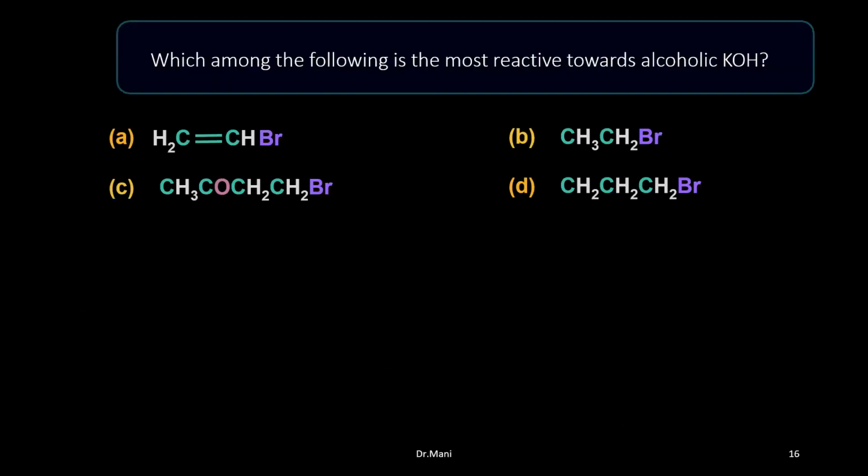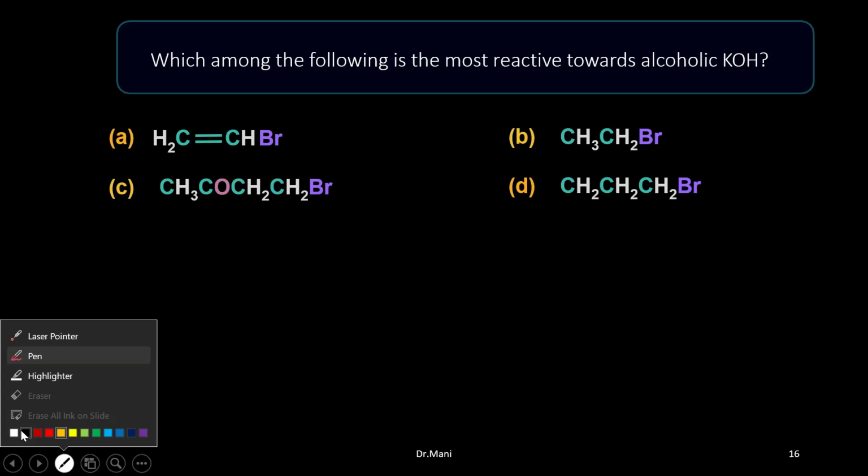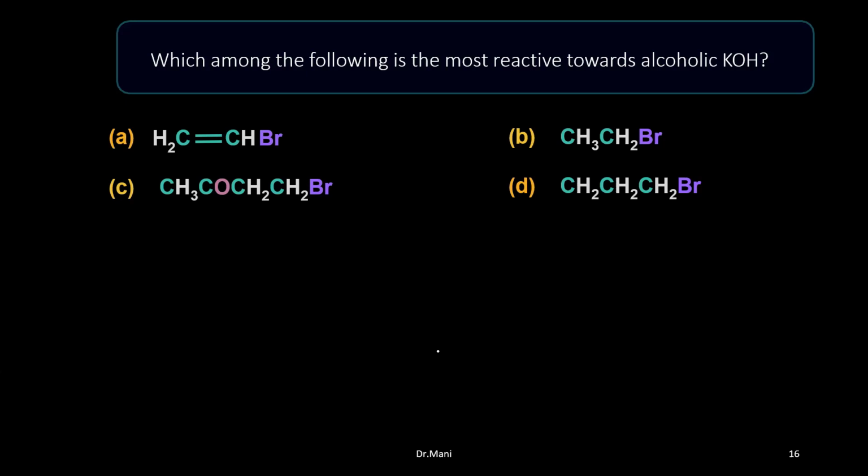So tell me, which among the following is most reactive towards alcoholic KOH? Here the alcoholic KOH is a base. So which one would be the option? Which one is surrounded with more substituents, according to Saytzeff's rule? If you see here, this is not having any substituents.